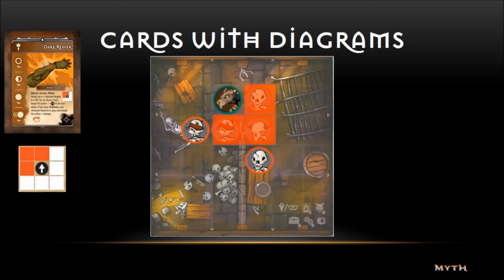Now let's say for the sake of this discussion that the brigand started down here and wanted to use this same card. You could orient the attack in this fashion, and you would be able to attack these three minions. However, remember that there is this line of sight blockage.